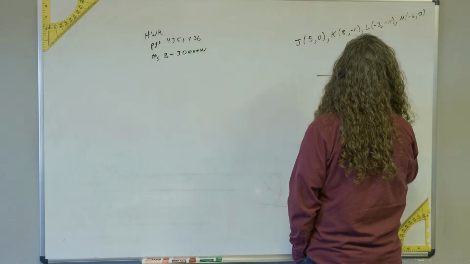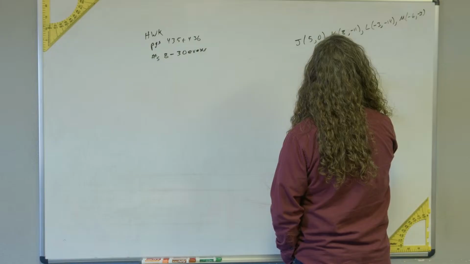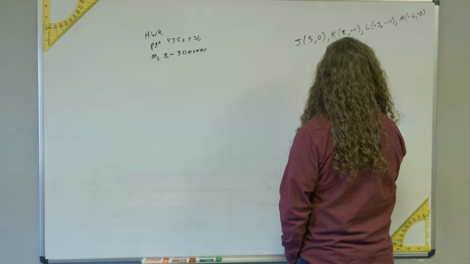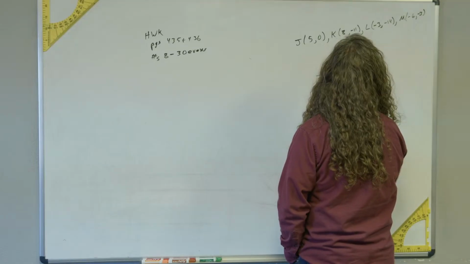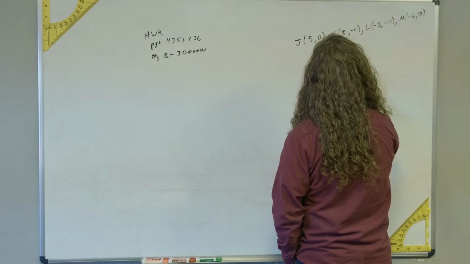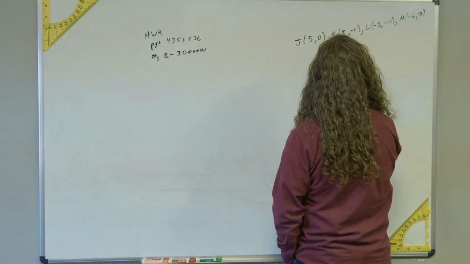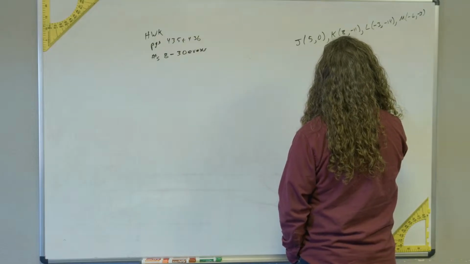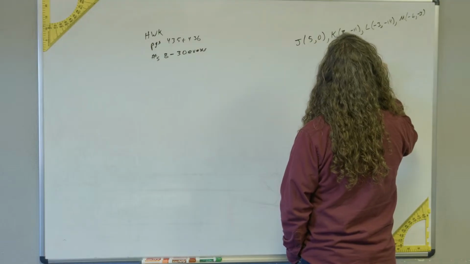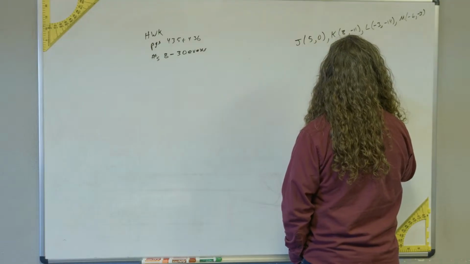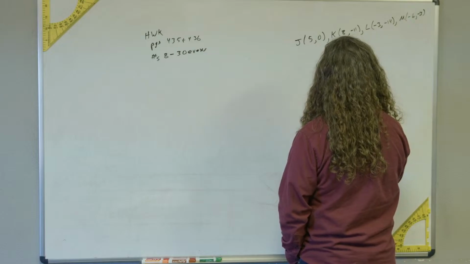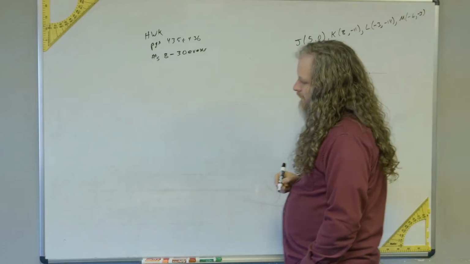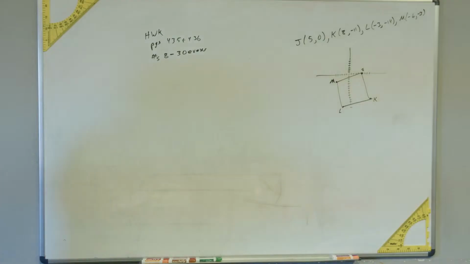So right there, -3, and -14, so 11, 12, 13, 14, so right there, and -6, so something like this. So this one is J, this one is K, and we've got L and M. Okay. So, in order to prove any of those things, what do we have to do?